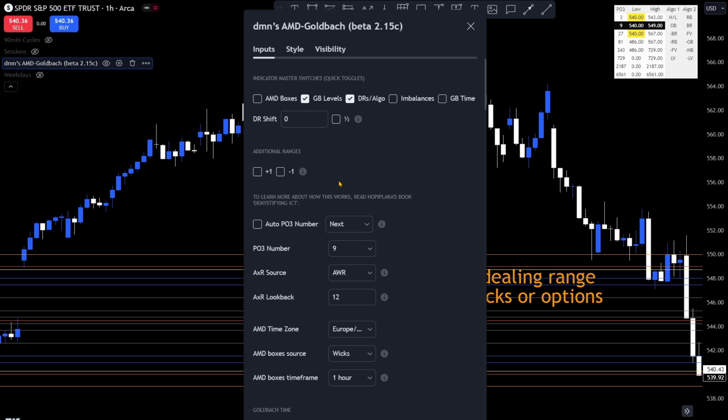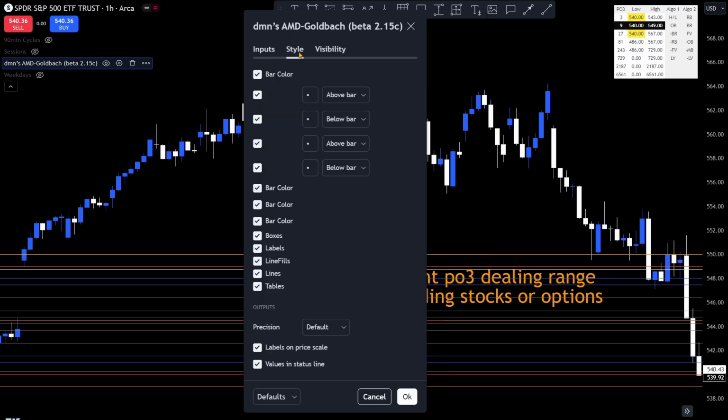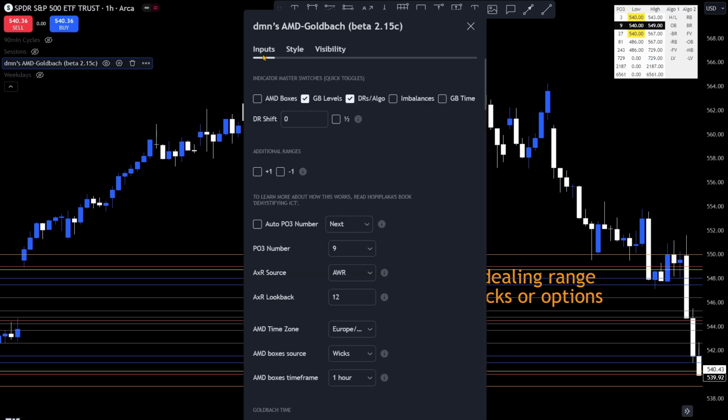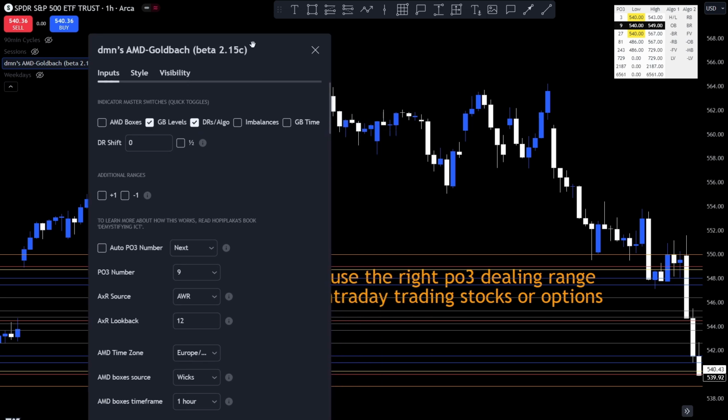Now, to be clear, inputs and style obviously are where most of my focus is. But when you're going down the settings, we talked about additional range, which allows you to basically come in.